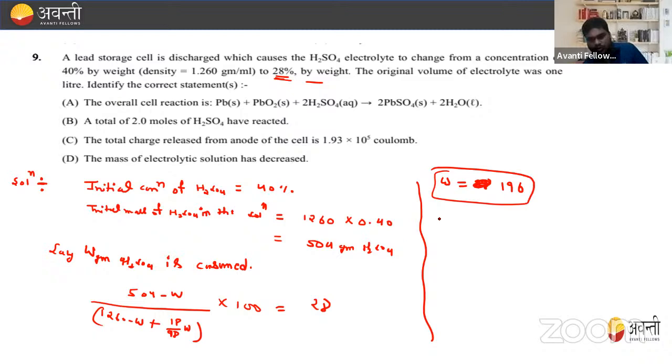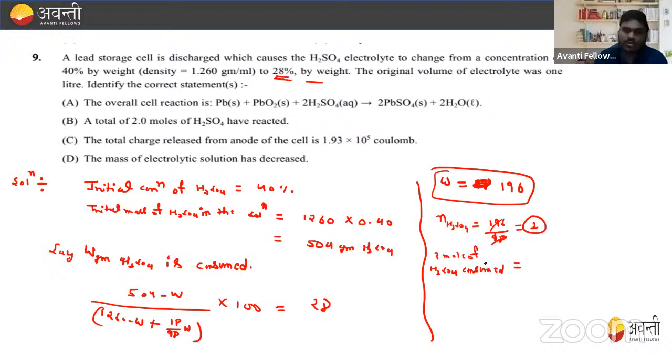Now the number of moles of H2SO4 is 196 upon 98. This will be equal to 2. So 2 moles of H2SO4 are consumed. What does it mean?